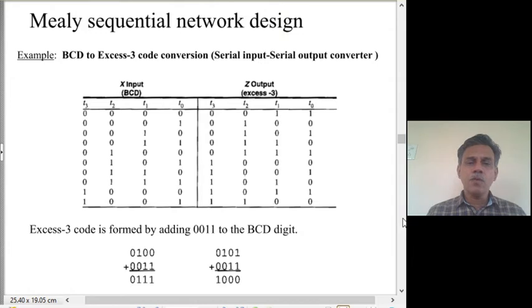For that, what we have to do is look at the addition of 1 bit at a time and then produce the corresponding output bit based on the problem at hand. The problem being the BCD to XS3 conversion.